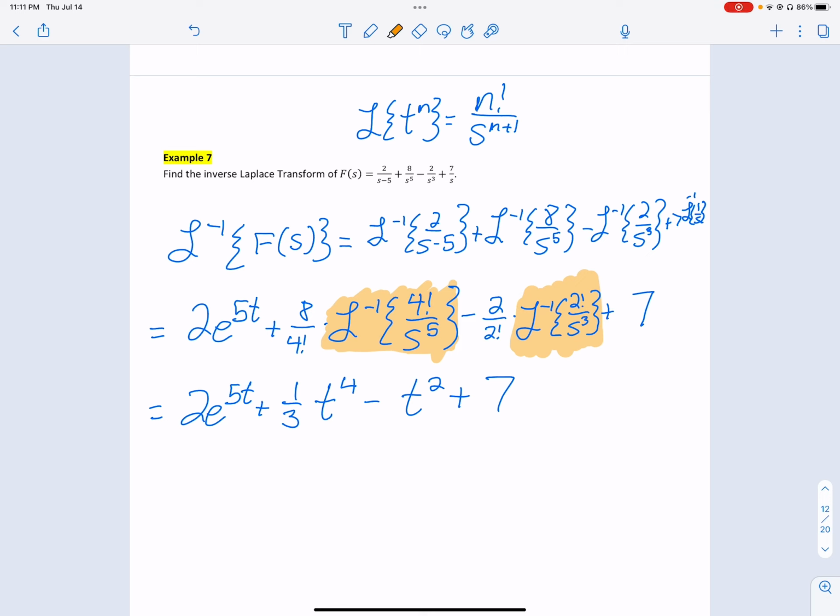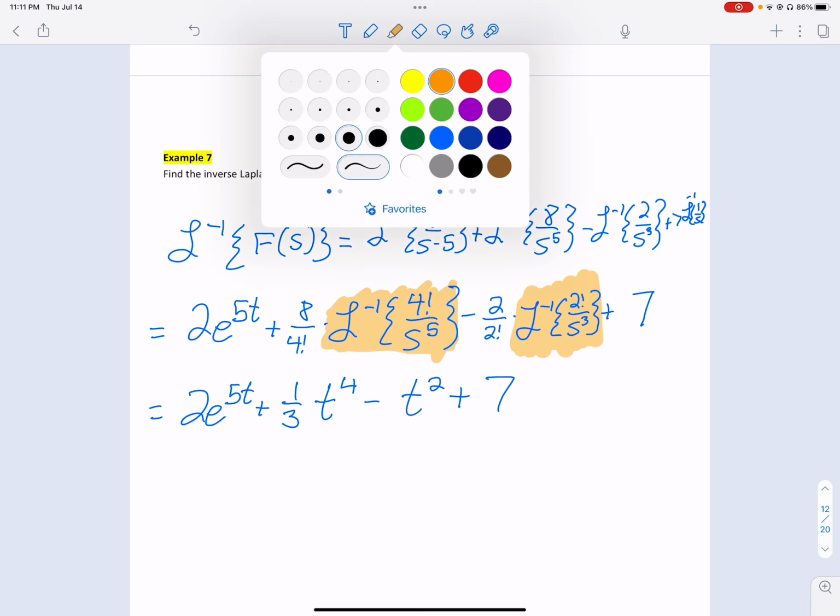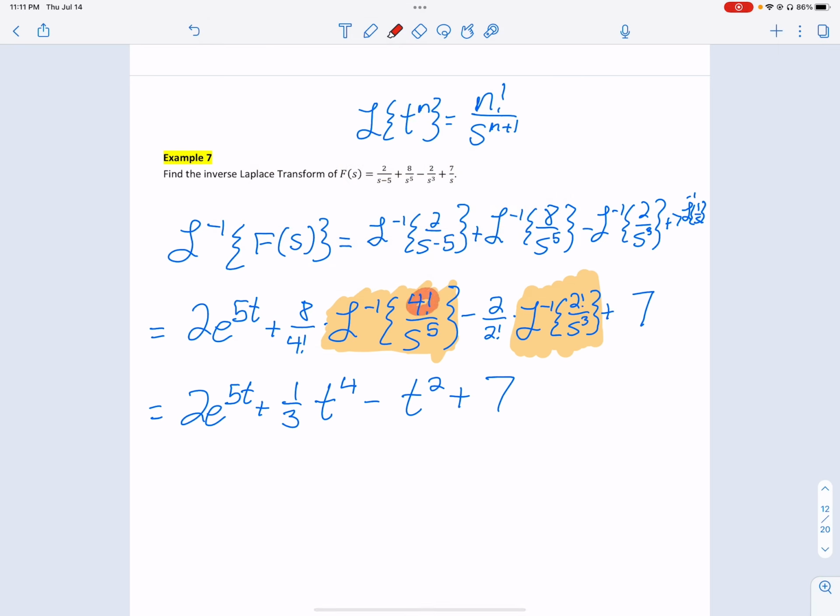I just have to make sure I'm not doing anything illegal, and that's why we're doing this 4 factorial here and divide by a 4 factorial, because if I pull that 4 factorial out, I get a 1. Same thing here, 2 factorial and that 2 factorial. That's the only thing I added in, but those things, if I put them in the same spot, either inside the Laplace or outside the Laplace, they're going to make a 1. I didn't change the problem at all.